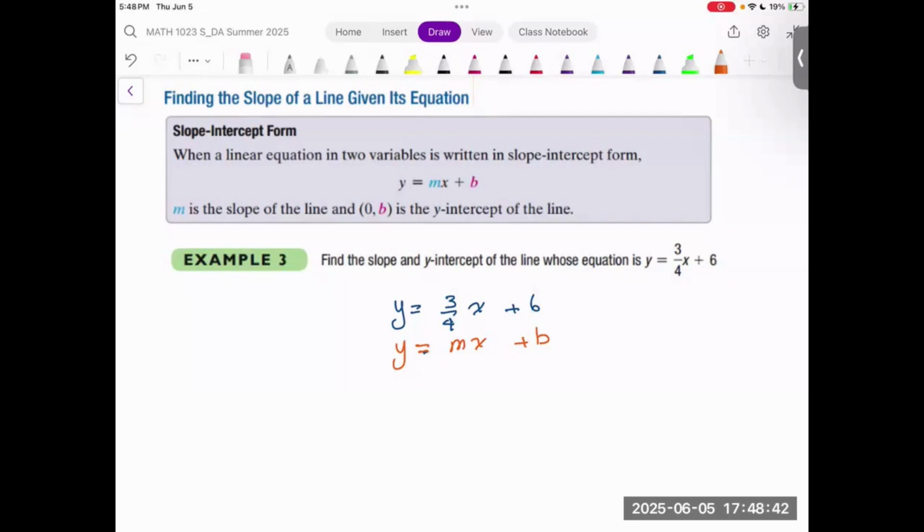Can you identify which and which? Yes, right? I think it's clear that the 6 is B and the M is the one next to x, right? So we can write M equals 3 over 4, and the B, which is the y-intercept, equals plus 6, right? Remember, this is the y-intercept.